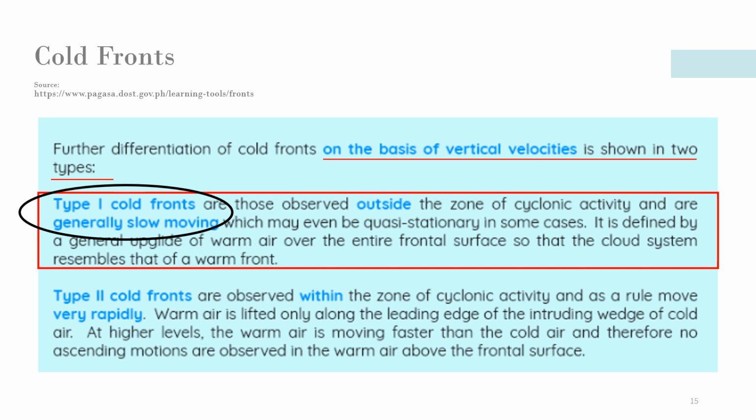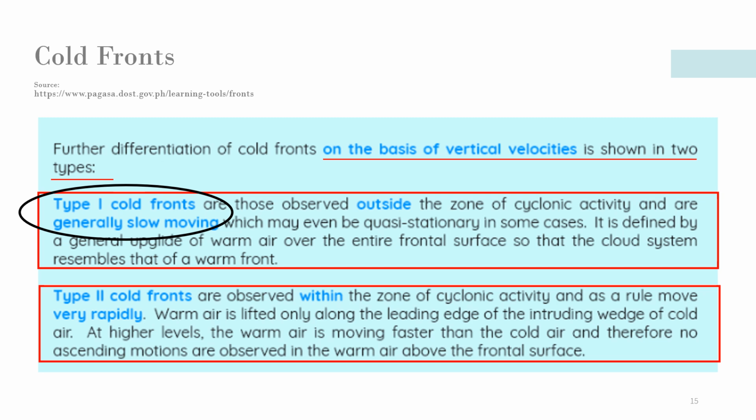And then the second type is the type 2 cold fronts, which are observed within the zone of cyclonic activity and as a rule move very rapidly. So warm air is lifted only along the leading edge of the intruding wedge of the cold air. At higher levels, the warm air is moving faster than the cold air, and therefore no ascending motions are observed in the warm air above the frontal surface.